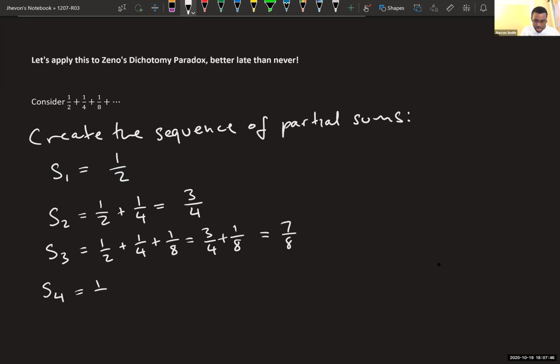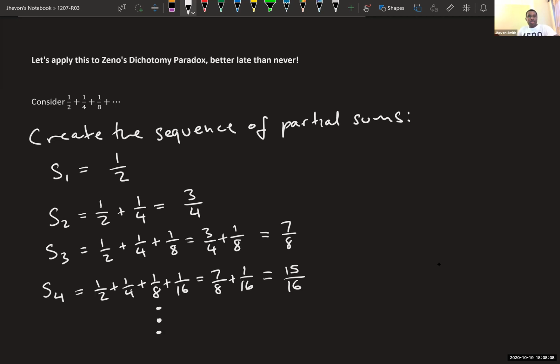S4, you see the idea, it's a half plus a quarter plus an eighth plus a 16th. This is, of course, going to be 7/8 plus 1/16. Multiplying the first fraction by 2/2 and adding, I would get 15 over 16, etc.